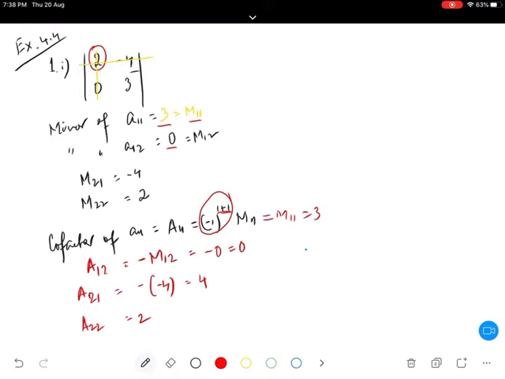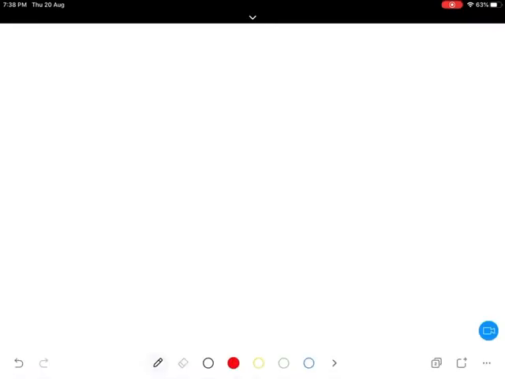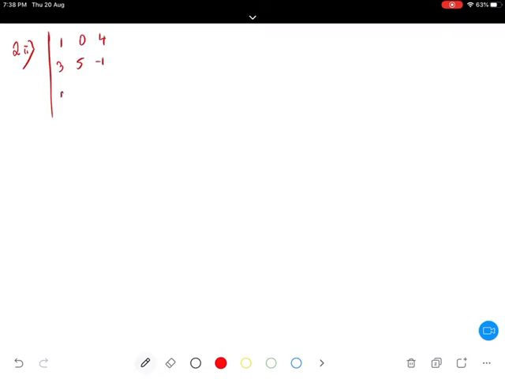Okay, let's do question number 22. Question number 21 will be homework. Question 22 is bigger: 1 0 4, 3 5 minus 1, 0 1 2. Each element, we have to find the minors for each one of them. So first tell me, M11 will be what?